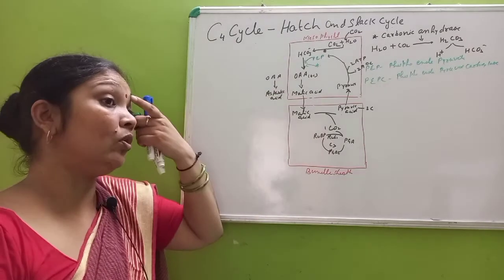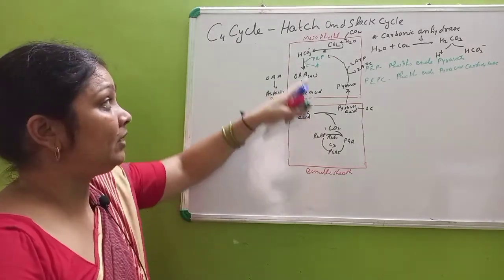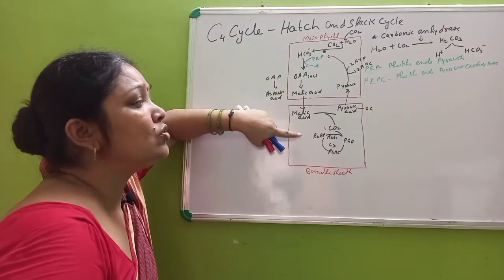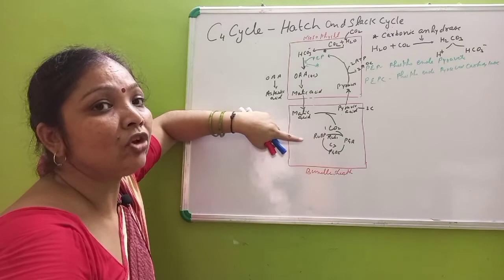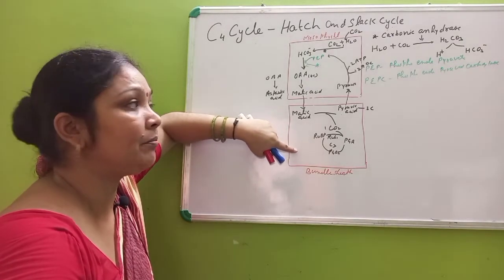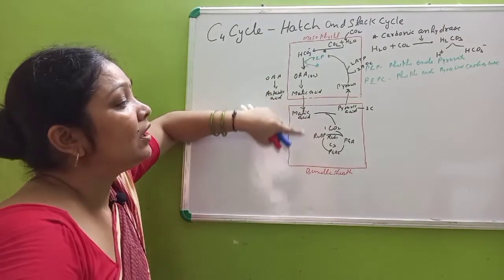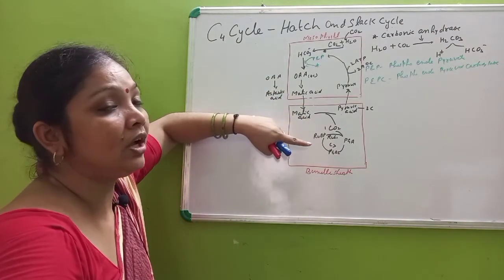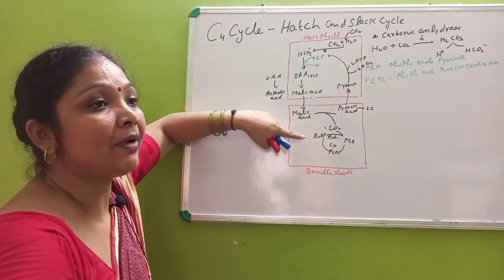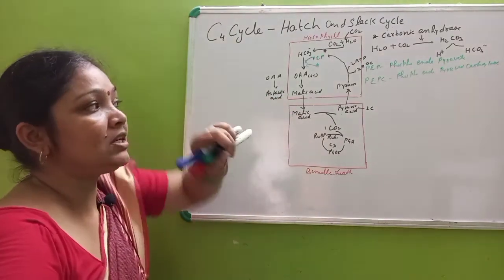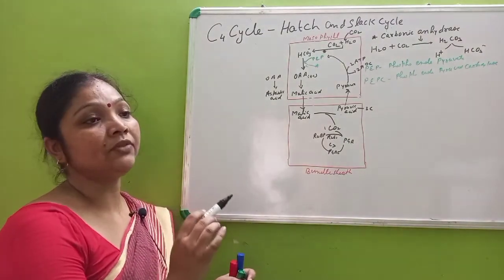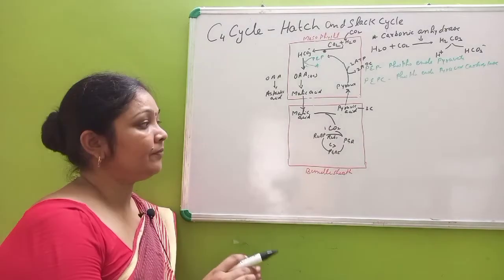Now here, Rubisco is present in the bundle sheath, so it does not come in contact with oxygen, and also does not come in contact with higher temperature. So it will continue the C3 cycle without undergoing photorespiration. So the loss that occurred due to photorespiration is overcome by this C4 cycle actually.